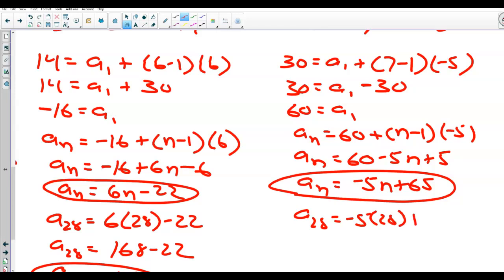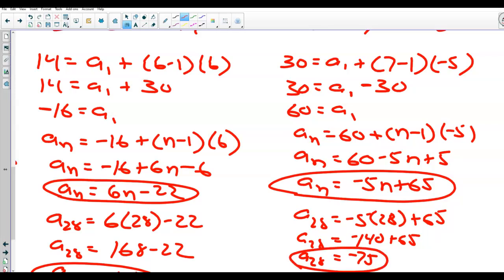Negative 5 times 28, I'm guessing negative 140, but check. Yeah. Negative 140 plus 65. My a28 is negative 75.